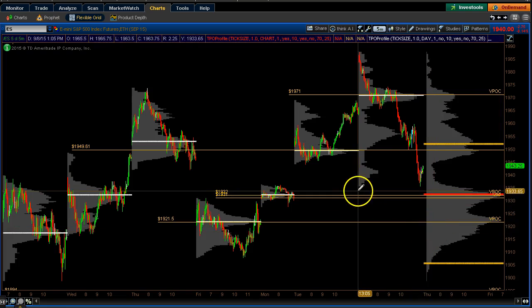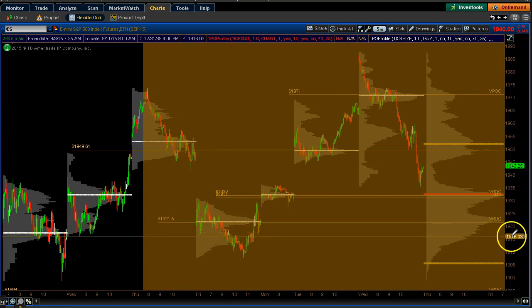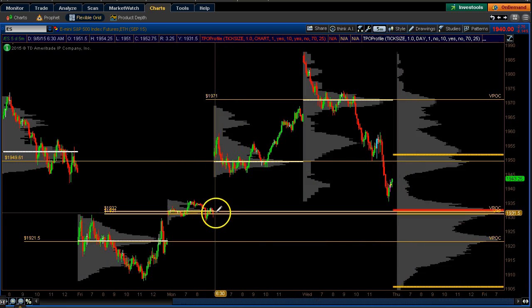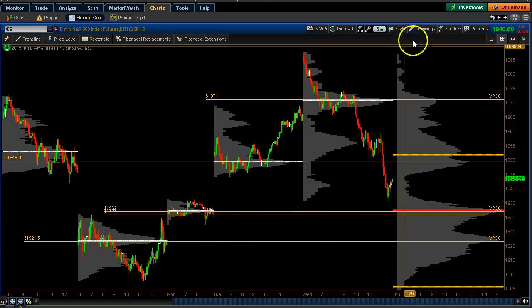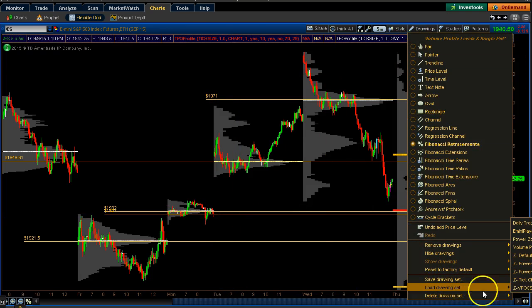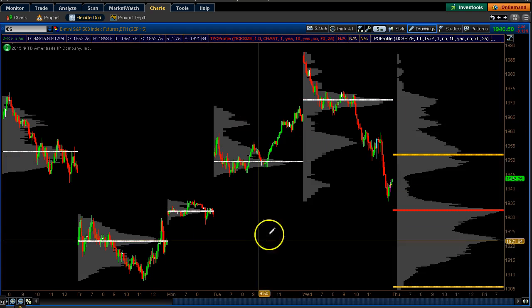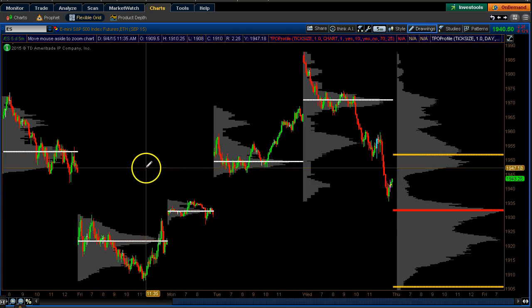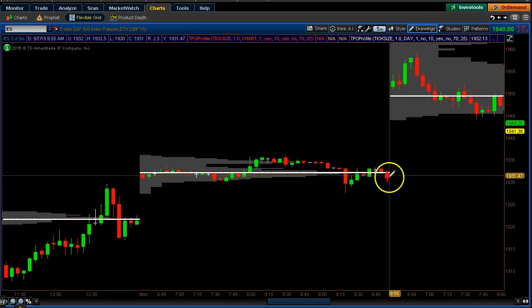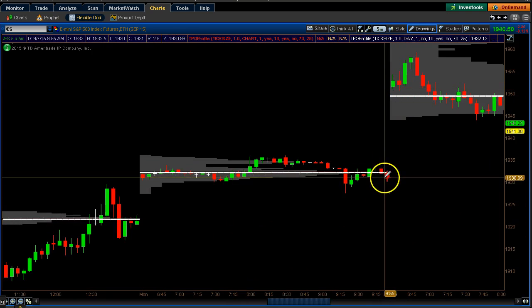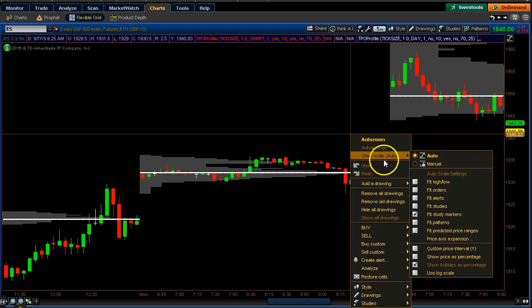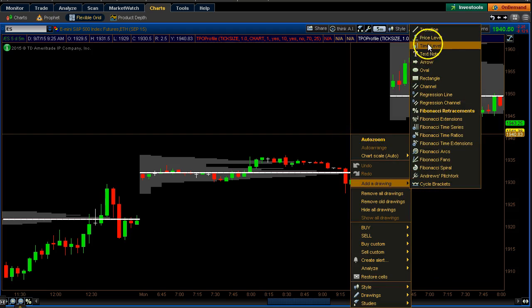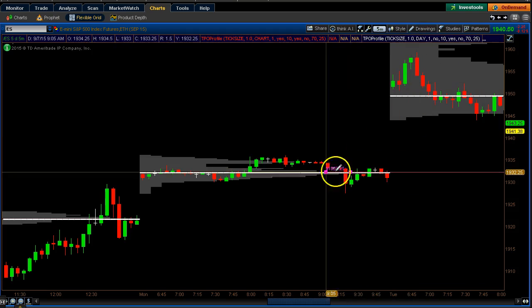Next, I want to go over gaps. A gap is when price closes, and let me clear this chart real quick. As price closes, we see that price gaps to the very next day. We'll grab our price level.